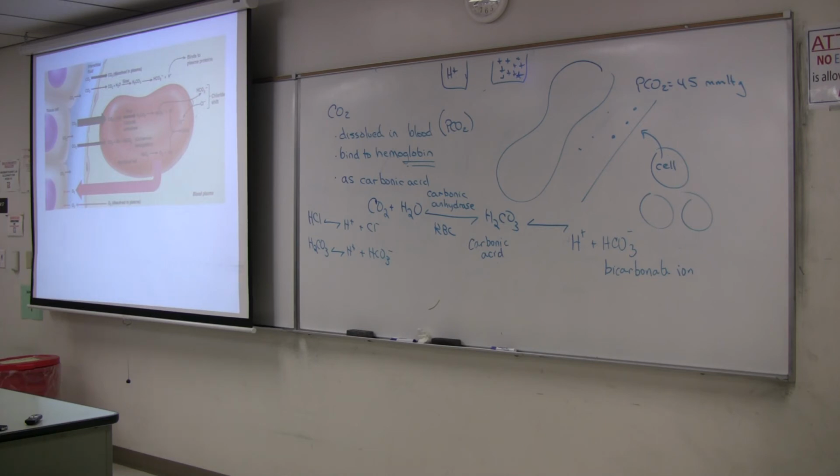But if I have 100 molecules of hydrochloric acid, I'll probably have about 90, 95 hydrogen ions being released. If I have 100 molecules of carbonic acid, I'll have about 20. That's why it's a weaker acid. Certainly it has the potential, if all of the hydrogen ions dissociated, the pH would be the same. But with that higher affinity, we don't dissociate as many. So when we get to the end of our urinary system, we'll talk about acid-base balance, and carbonic acid actually is a buffer.